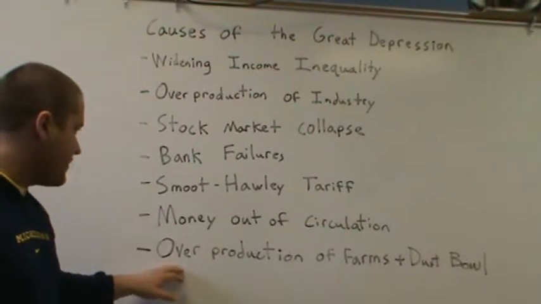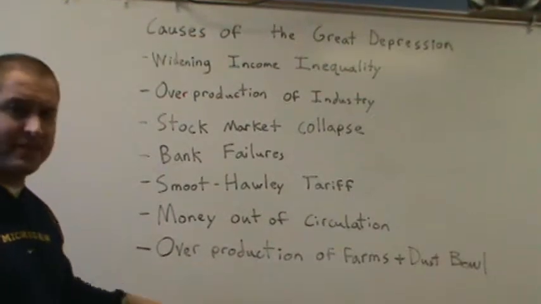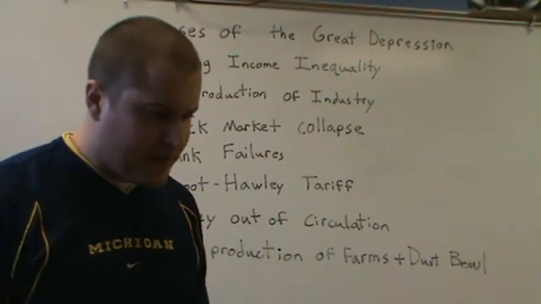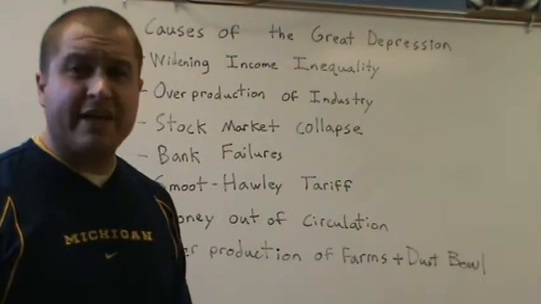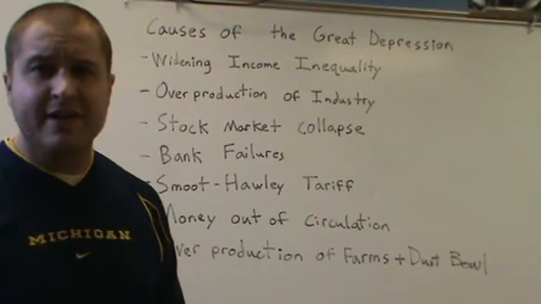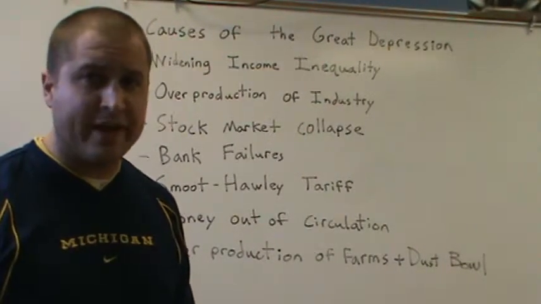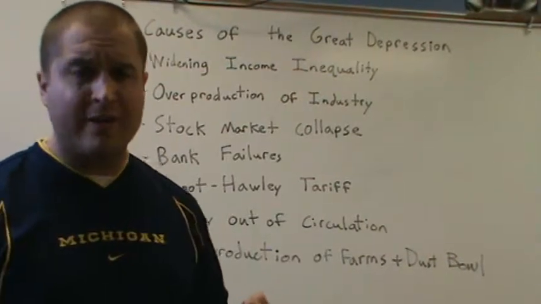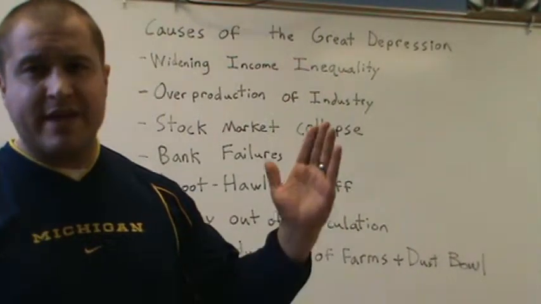And the last one here is overproduction of farms in the Dust Bowl. One of the great tragedies of the Great Depression is that we had this huge ecological disaster, arguably the worst ecological disaster our country has ever had, at the same time the Great Depression is going on. Farmers had been over-farming, and one of the main reasons why was because crop prices had dropped.